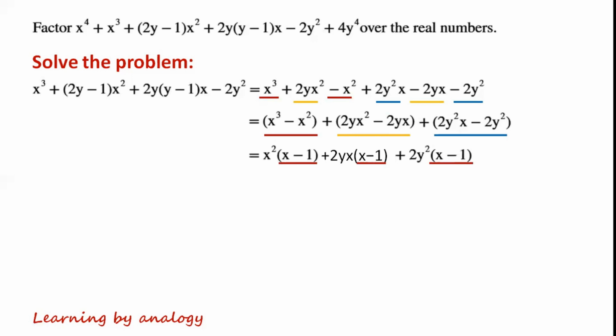We can see that the three terms have a common factor, x minus 1. So we can now write x minus 1 out of these algebraic expressions and simplify the remaining algebraic expressions by writing x squared plus 2xy plus 2y squared.